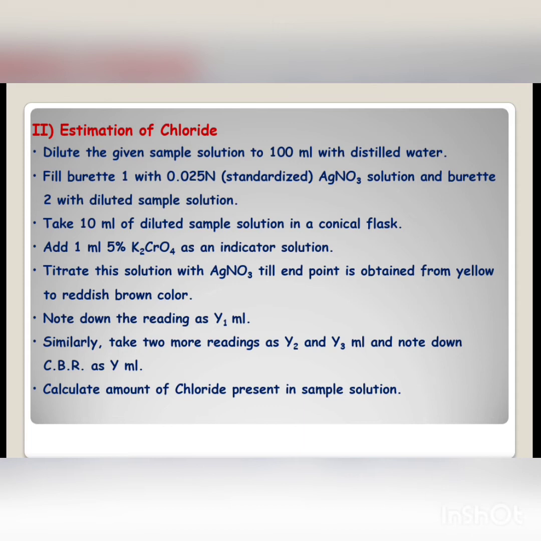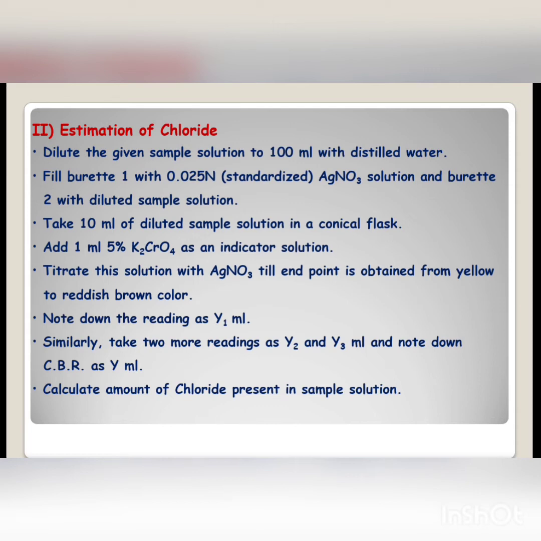The indicator we have used is 5% potassium chromate indicator, and the end point is yellow to reddish brown. From burette number 1 we have taken 10 ml of NaCl solution 3 times, and we get the burette readings as x1 ml, x2 ml and x3 ml, and your constant burette reading is x ml.